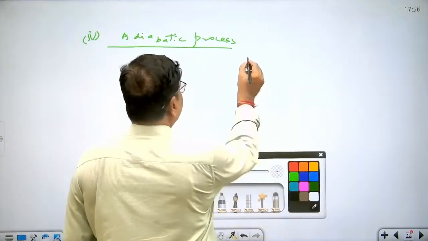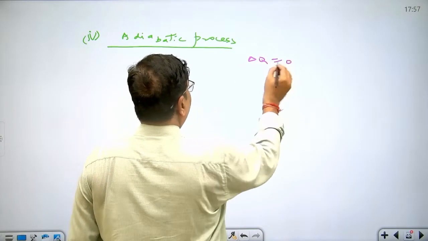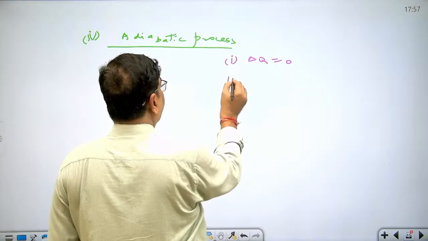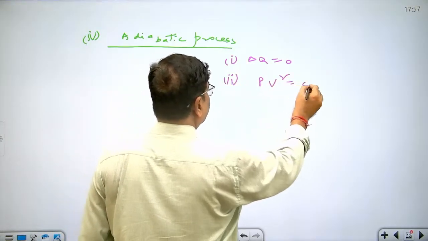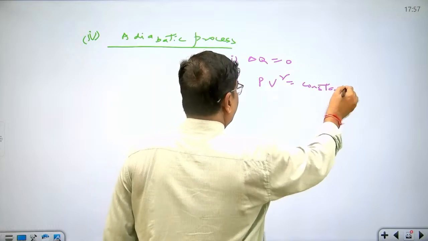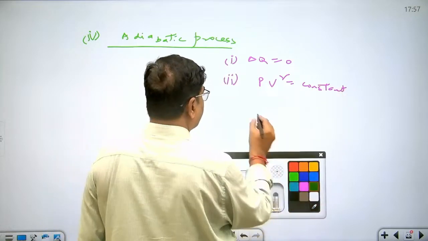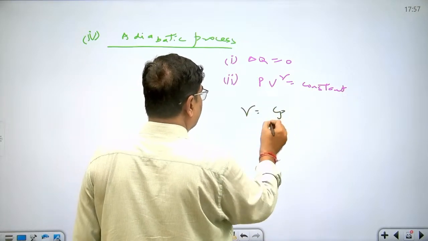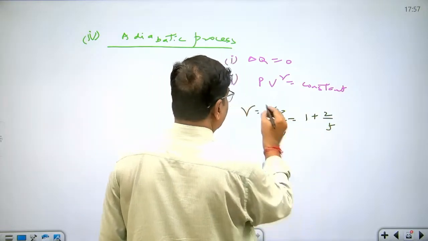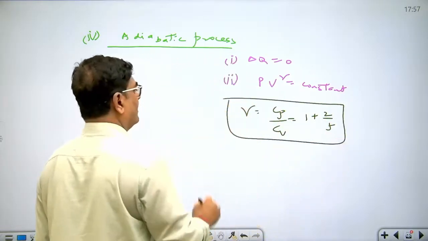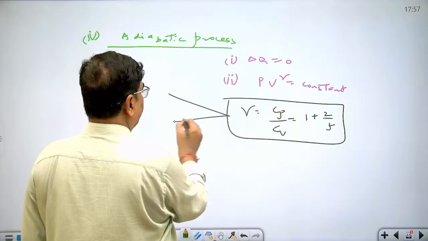So delta Q remains zero. The equation of state for adiabatic process is PV gamma equal to constant. And what is gamma? Dear student, gamma is the ratio of molar specific heat at constant pressure and constant volume. This is equal to Cp upon Cv.